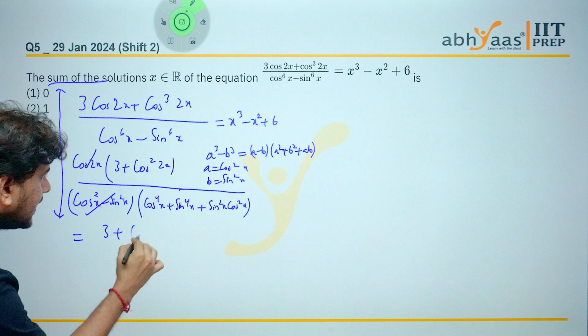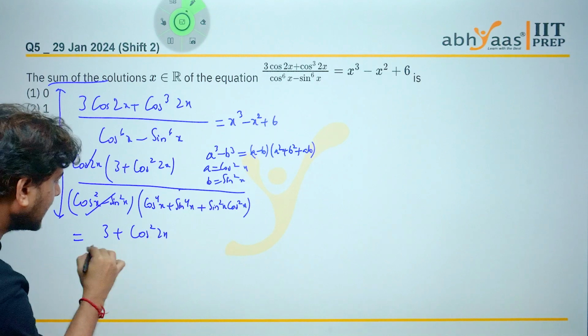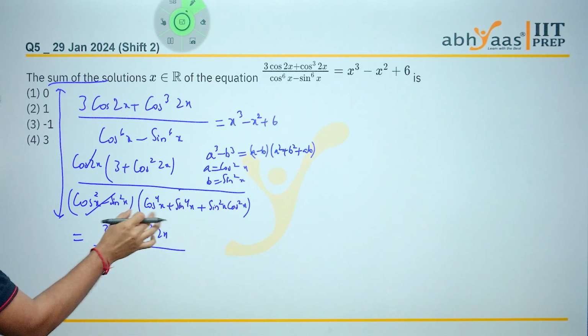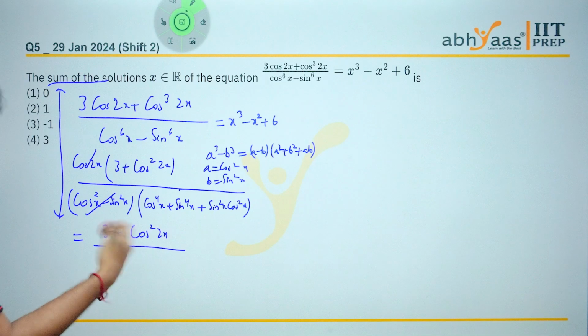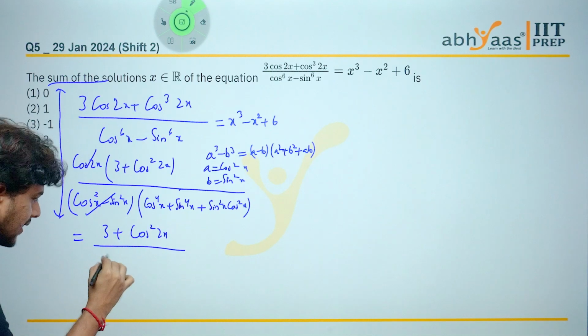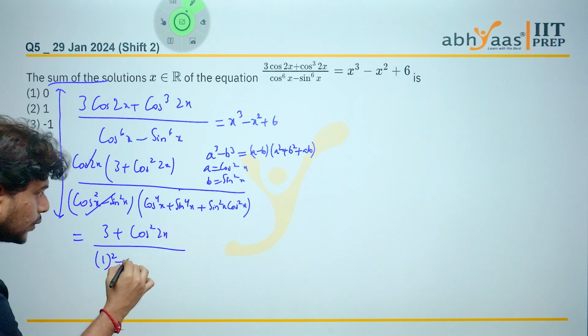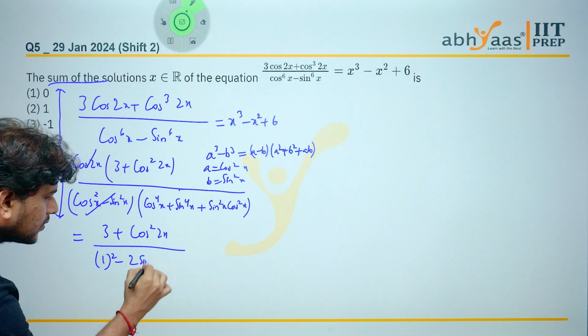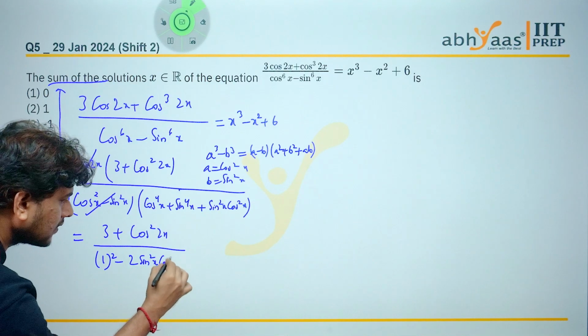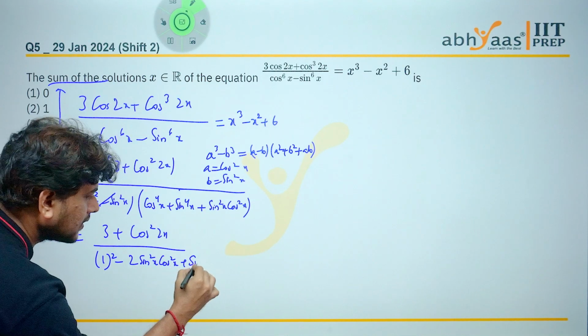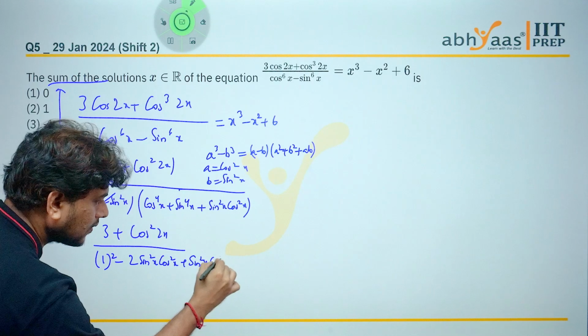That will be 3 cos square 2x by, this is again in the form of a square plus b square, that can be written as a plus b whole square minus 2ab, 2 sin square x cos square x plus sin square x cos square x.